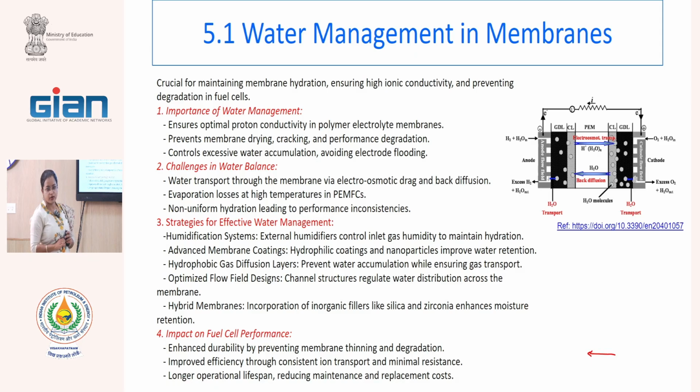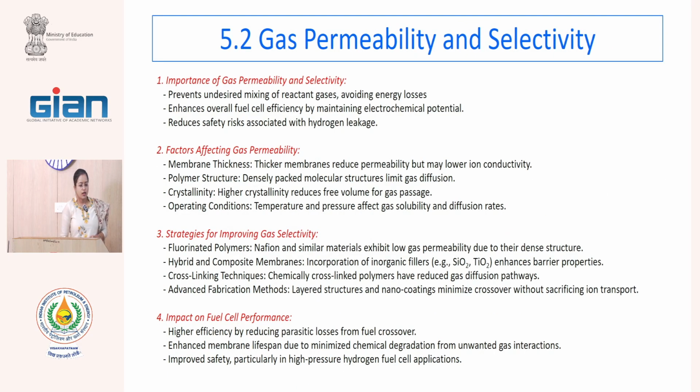We can have a hydrophilic coating, layer by layer assembly, with the hydrophilic coating at the top, and a hydrophobic gas diffusion layer, so the gas passes out very quickly. That is why hybrid membranes or optimized flow design is very, very important for this kind of water management issue in a fuel cell.